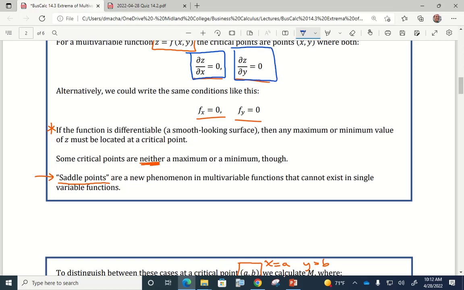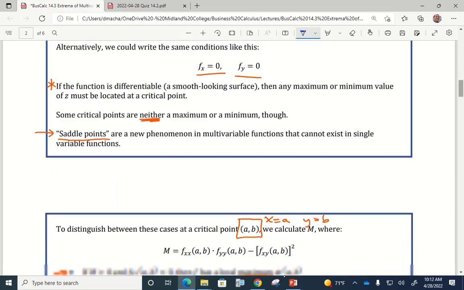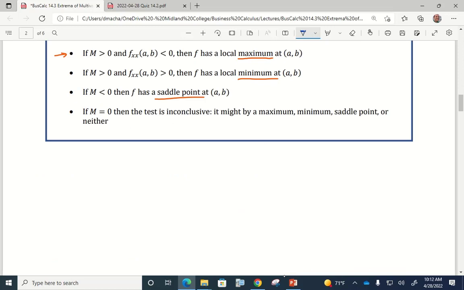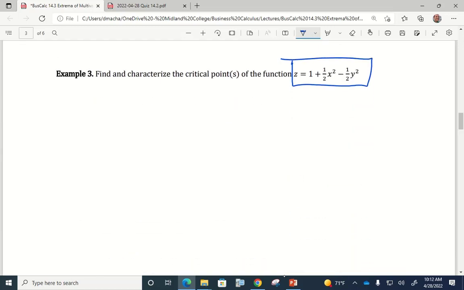And then characterizing them means I'm going to have to calculate my 3 second derivatives. So just like our quiz today, I actually have to find 5 derivatives before I start to answer this problem. So let me first take the partial derivative with respect to x of this function. We'll name it f.